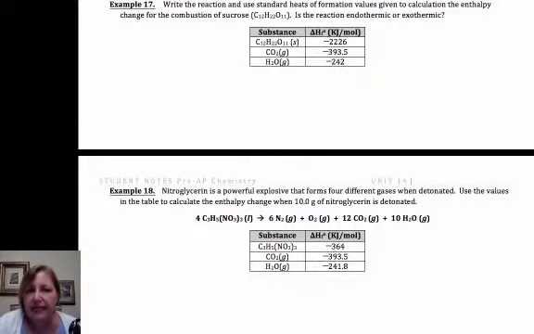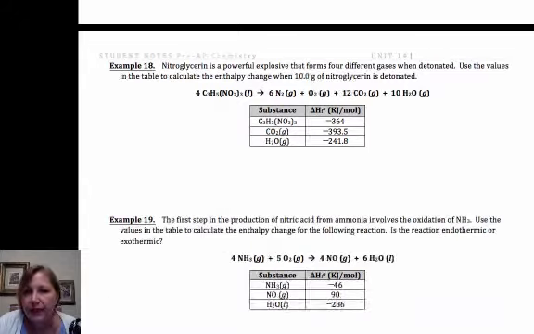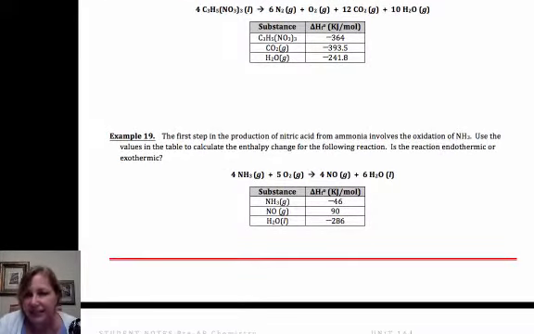Okay, let's take a look at this next one. We're on a roll, I hope. Now this one is nitroglycerin, yet another chemical we're not allowed to buy. And in the table, we want to know the enthalpy change for 10 grams. Now, in this reaction, we're going to be finding first the enthalpy change for 4 moles.